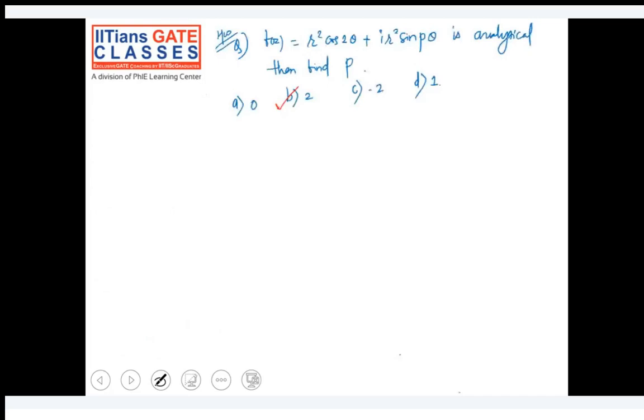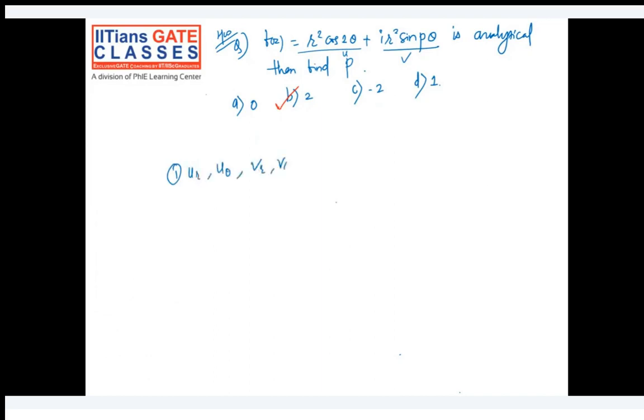But here, what is u here? This is u, and this is v. So, in case of polar form, what is the criteria? First is u_r, u_theta, v_r, and v_theta should exist.